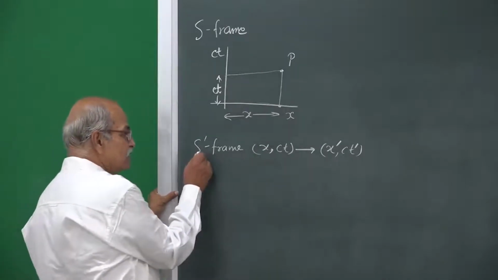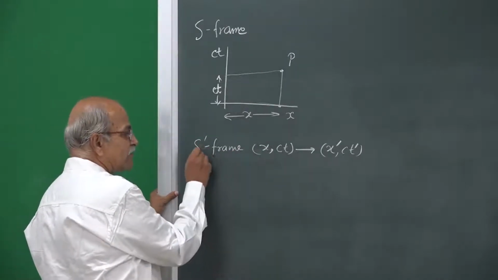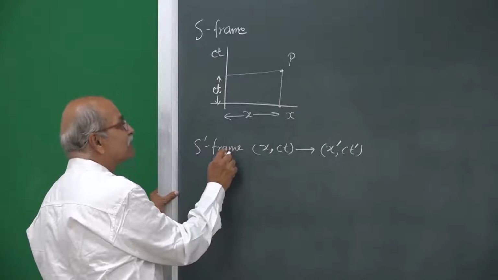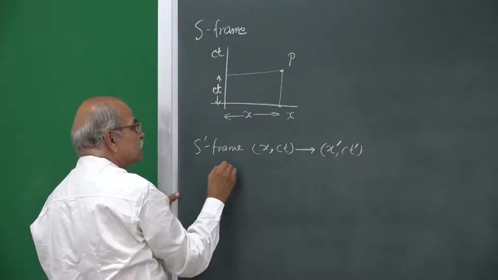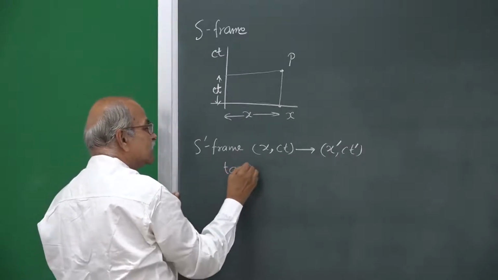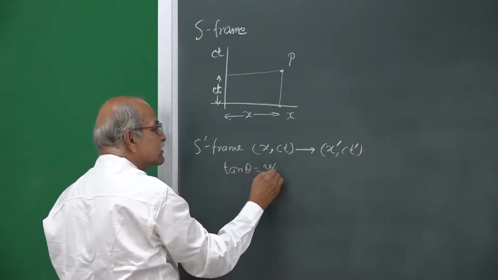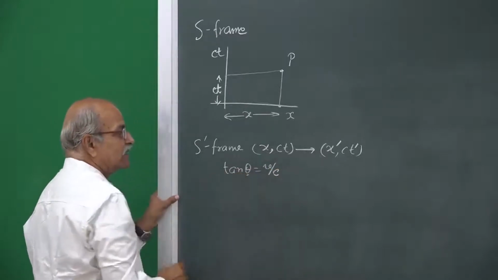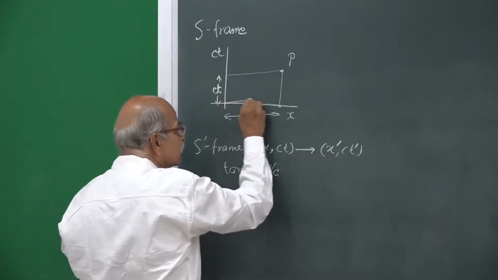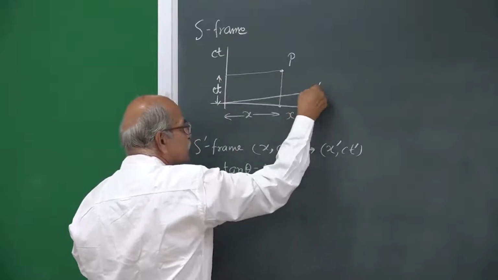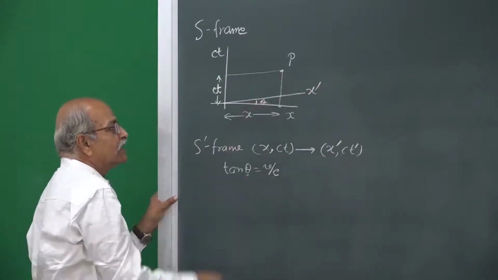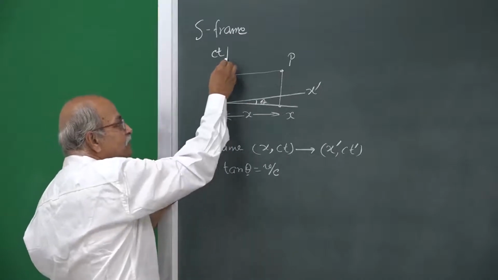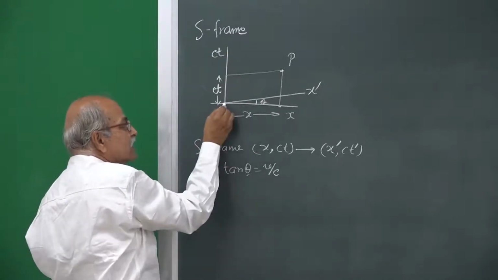The first thing is, once you have the S prime frame, you know the velocity of this frame with respect to S, and therefore the velocity v is known. Calculate this angle theta, tan theta equals v by c, and once you get theta, draw a line, call it x prime line, at this angle theta, and draw another line with the same angle from this CT axis.